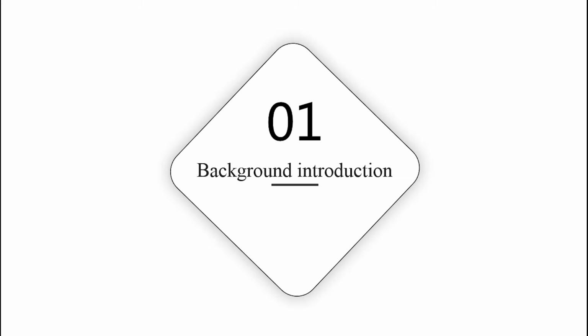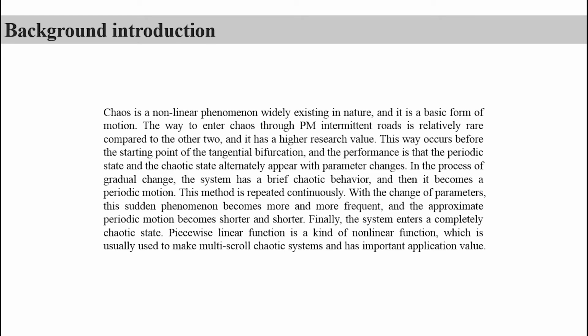Chaos is a nonlinear phenomenon widely existing in nature, and it is a basic form of motion. The motion model of a dynamic system depends on two factors, one of which is the dynamic equation of the system, and the other is the initial conditions of the system.